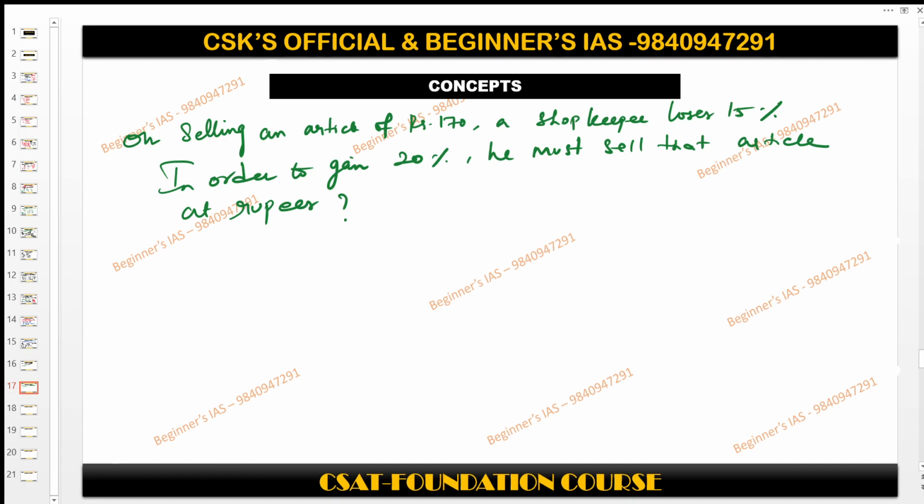Actually, what you need to find out here: selling price has been provided, loss also provided. Understand the simple logic here.